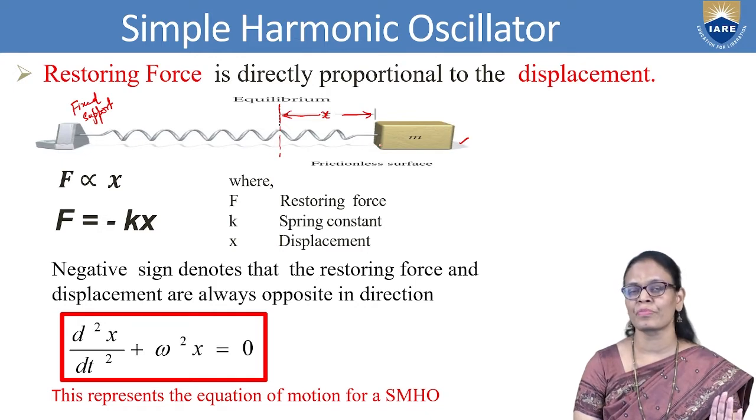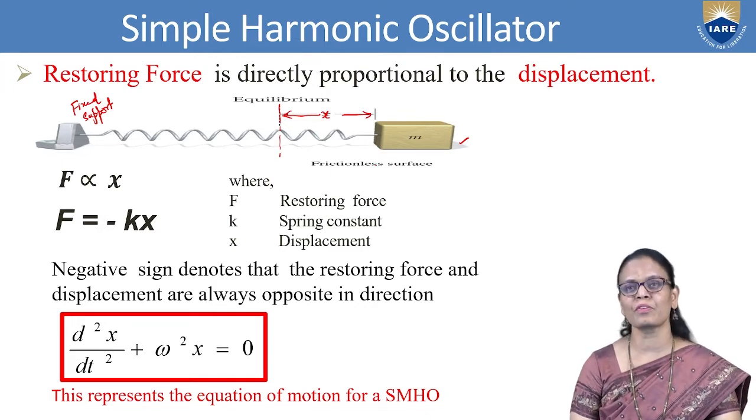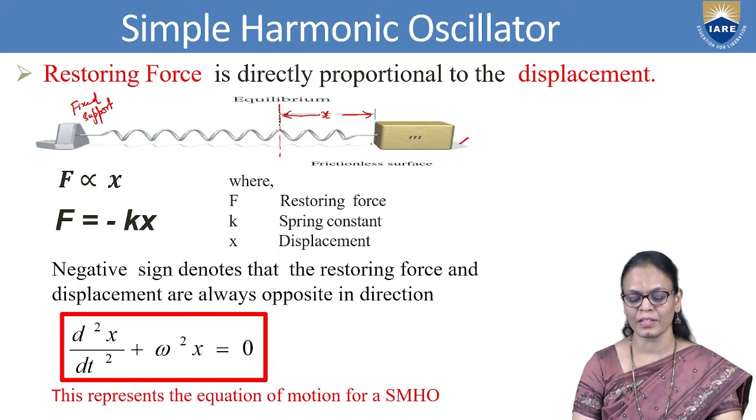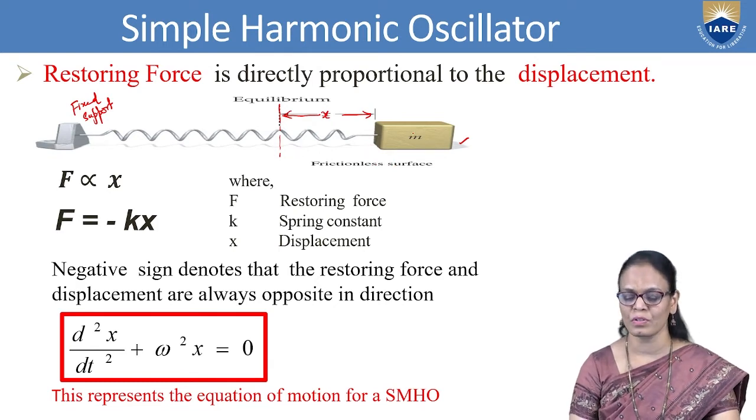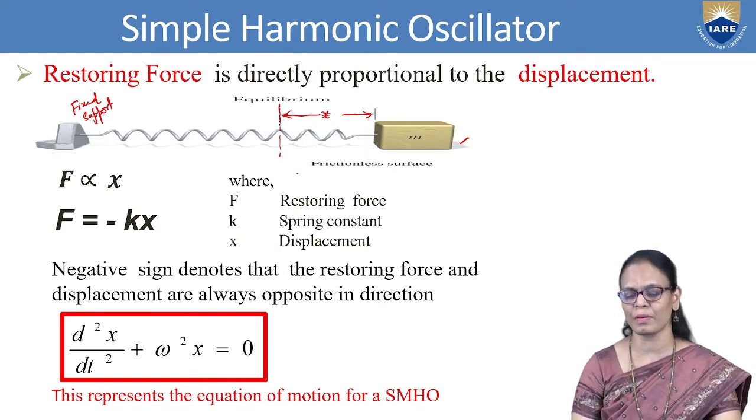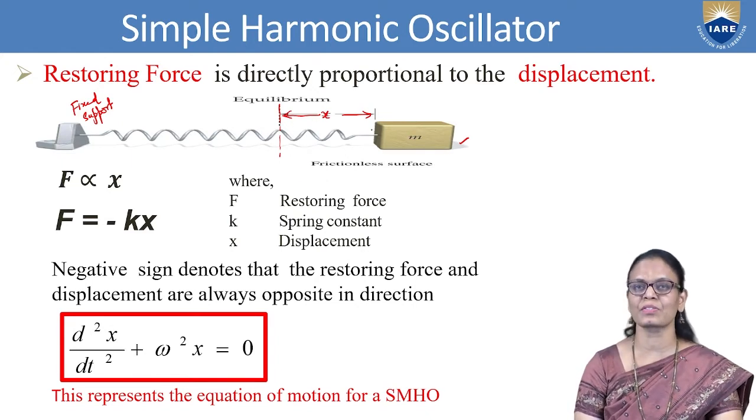Means the surface should be frictionless and there should be a restoring force to bring it back to the equilibrium position. So when we disturb it, this object tries to come back to its equilibrium position. In fact, this object will oscillate or vibrate about the equilibrium position.